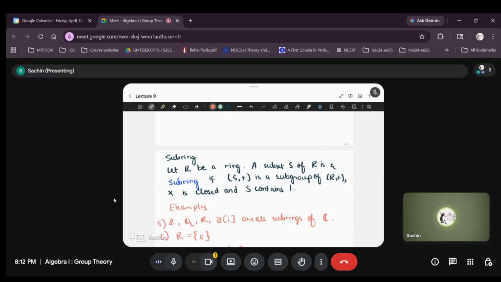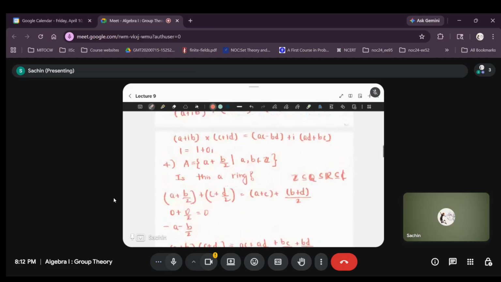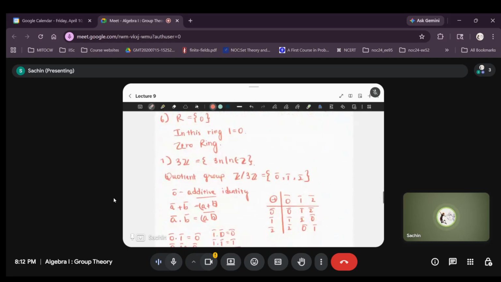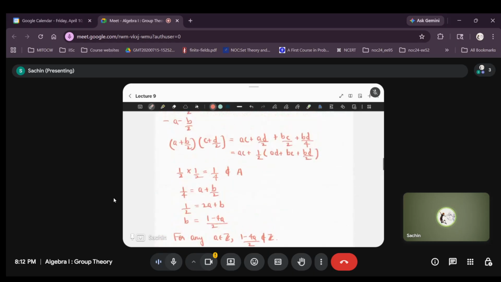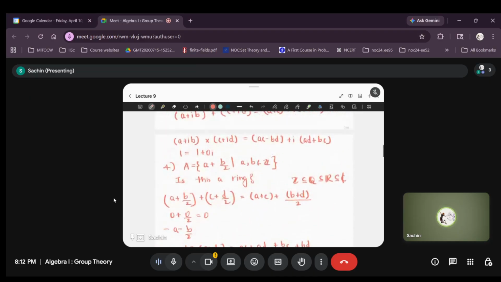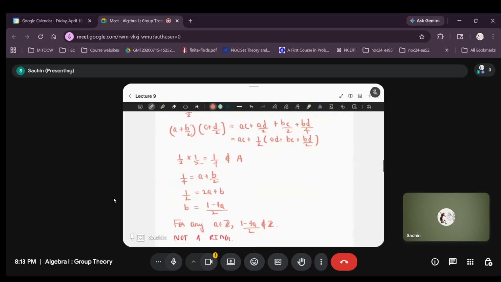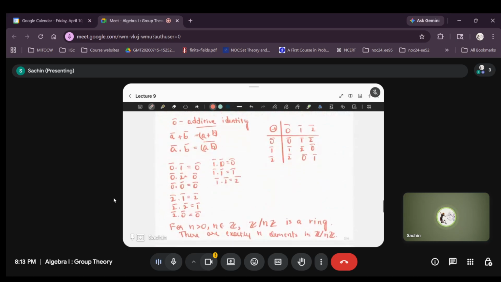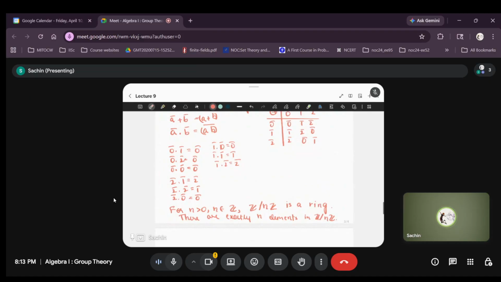The operation is not exactly the same. So it's different, even the operation is different. So here we had Z, Q, R, which are all subrings of C. Even a plus b root 2 that we saw did not turn out to be a subring, but we are looking at only a subset of C. But this is one ring which is not a subring of complex numbers.